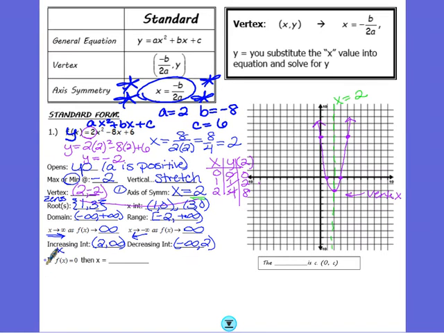Now this notation may be new to you, but think of this as y equals 0. So basically they're asking for your x-intercepts or your roots, your zeros. So that is going to be a 1 and 3. Now over here, the c. If we take a look at our graph, our c was 6. Take a look right here. That's our y-intercept.